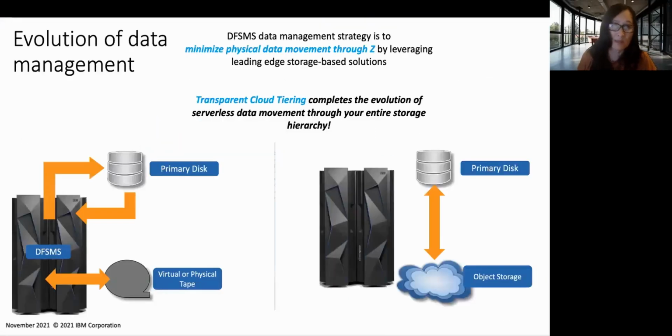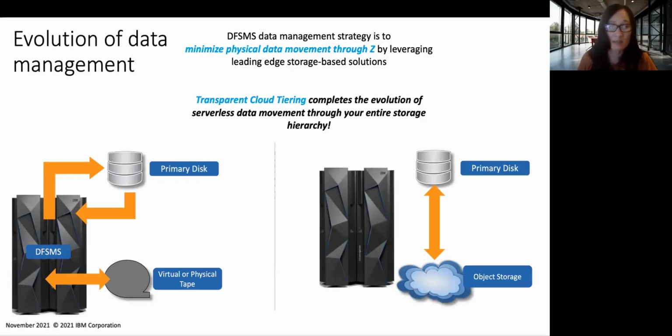So what is this transparent cloud tiering thing, and why would you want it? That is what the first few slides are talking about. The image on the left side is an overview of how tape storage worked before, when you have a z/OS, a primary disk, and then some form of backend storage like a physical tape library or a logical virtual tape library.